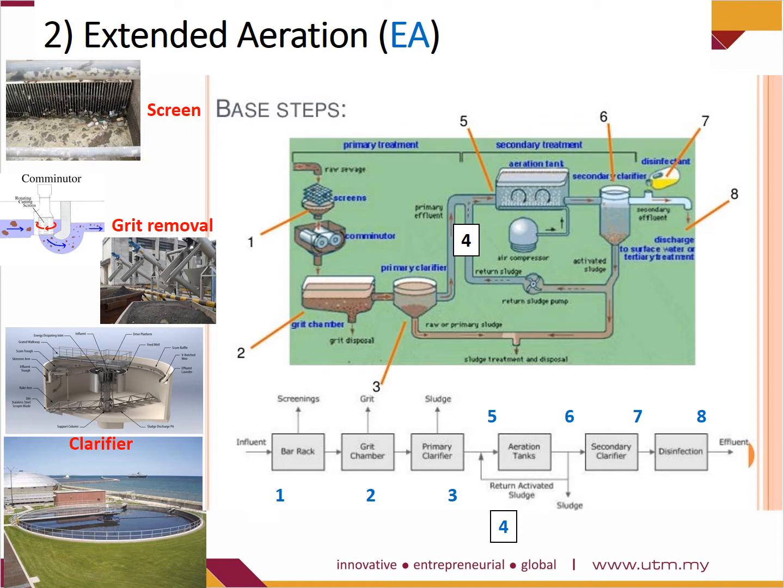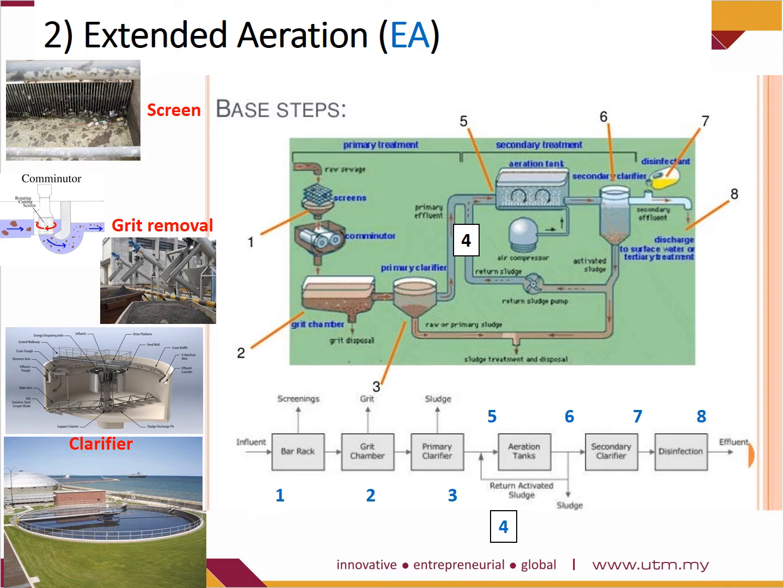Screen, it looks like this. Mainly it is to remove those large waste such as plastic, bottle, paper, and so on. It's called screen. Then it will go through a comminutor, which is to break large stone into smaller pieces.